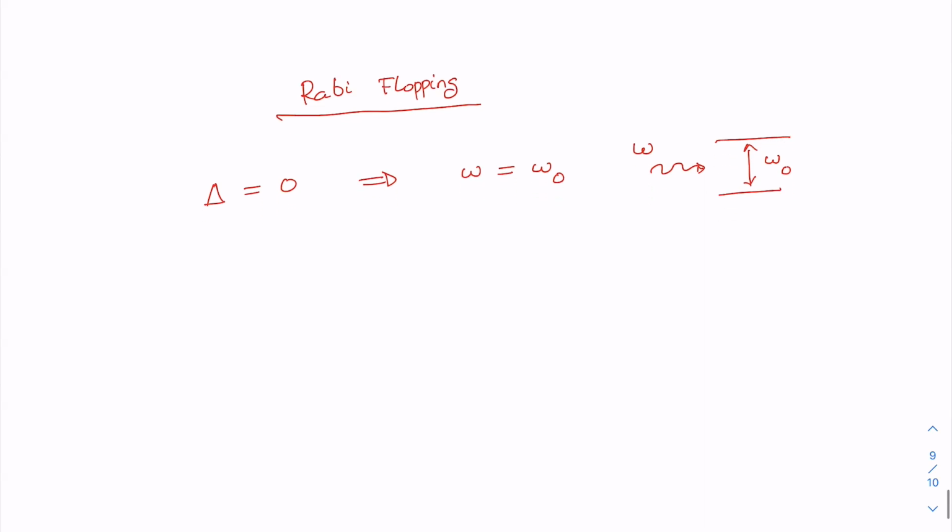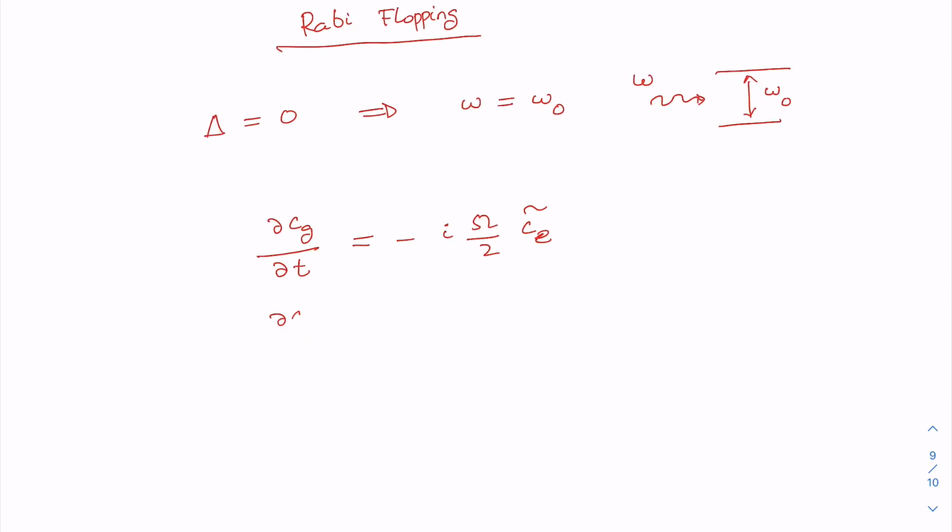In this case, the coupled differential equations that we wrote for the coefficients will take this form: del Cg del t is equal to minus i omega by 2 Ce tilde, and del Ce tilde del t is equal to minus i omega by 2 Cg.